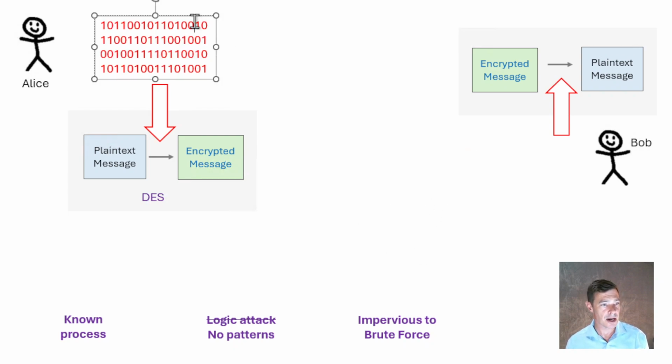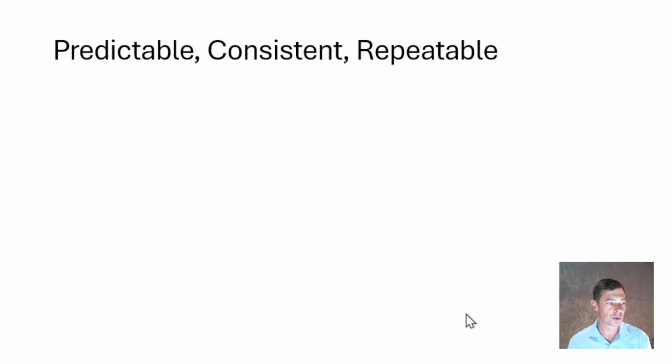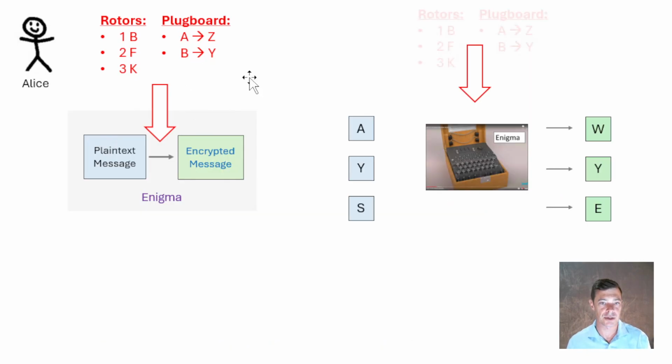So now modern cryptography has large random numbers, and now we're in the world of computers, and all of these same characteristics apply. There are no patterns, and it's impervious to brute force. The Enigma could bring in trillions of unique secret alphabets.